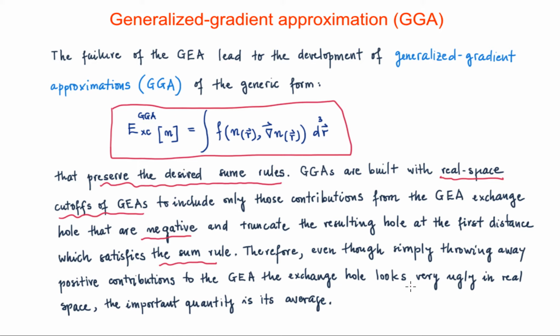But remember, the important thing is not how the exchange holes actually look, but the average of the exchange and correlation hole. If this average of the exchange correlation hole satisfies the interesting sum rules and looks much nicer, the averages are the key quantities in order to have good exchange and correlation energies.